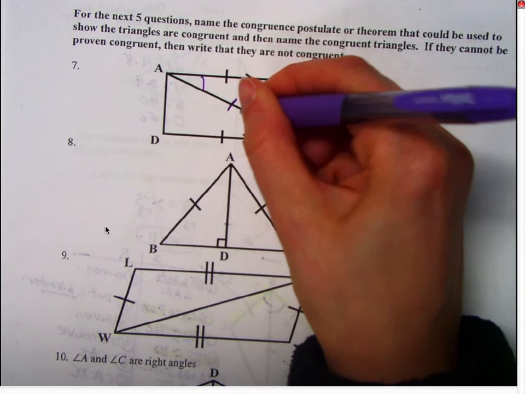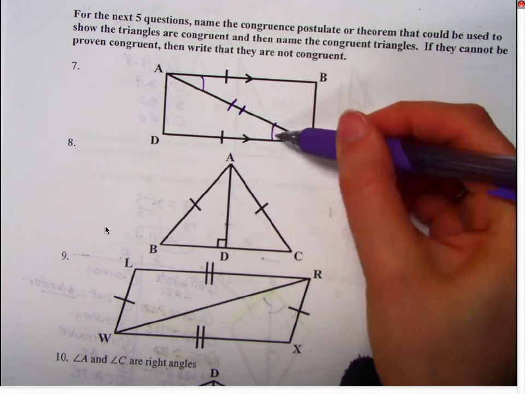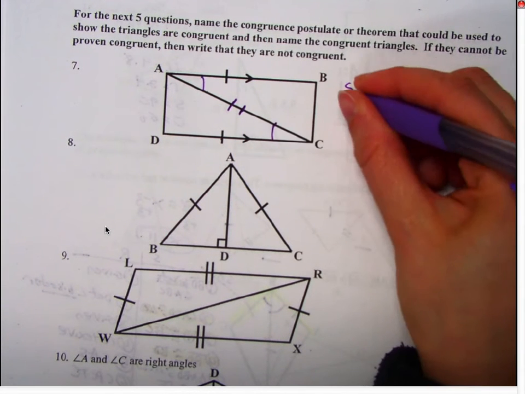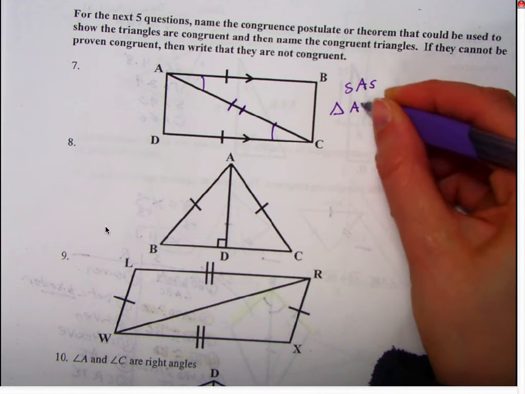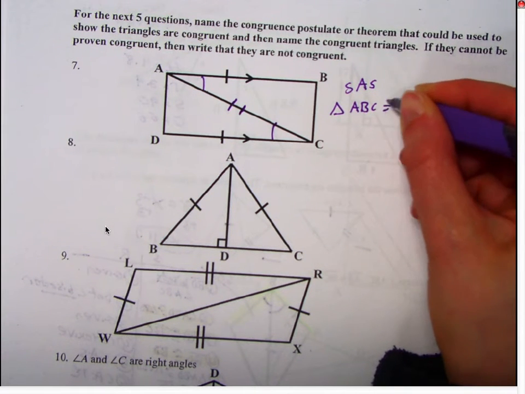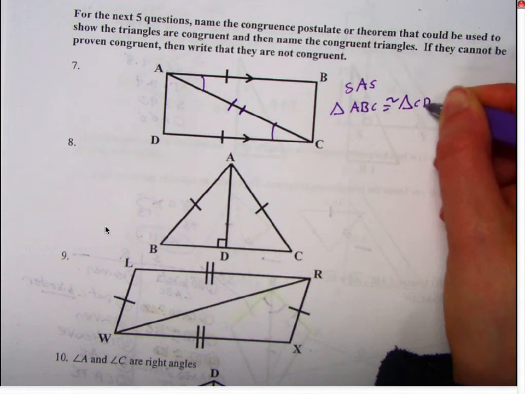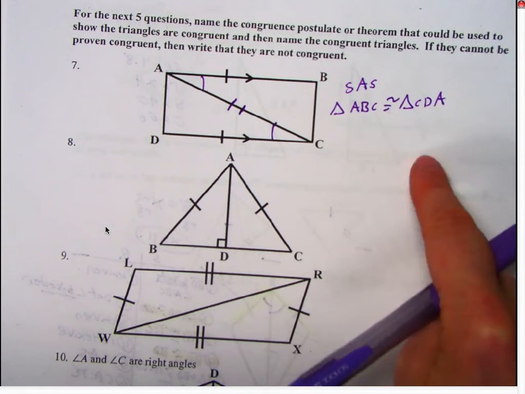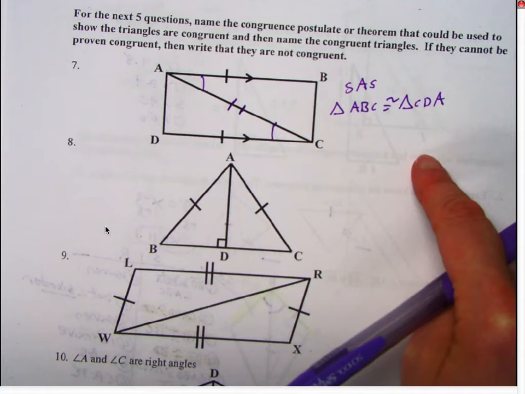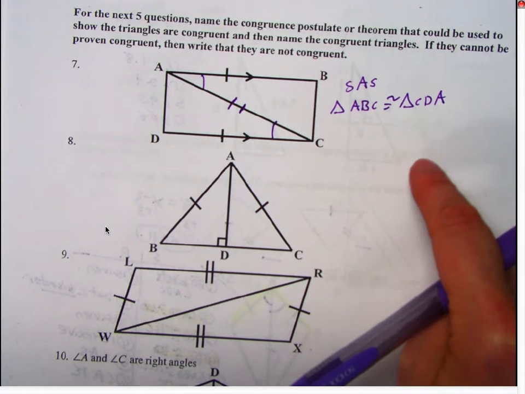This is congruent by reflexive, so we have side, angle, side. So triangle ABC is congruent to triangle CDA. When I walked around, a lot of you had the right answer but didn't write down that the two triangles were congruent to each other. Don't forget to do that, okay? You don't want to lose points in your quiz.